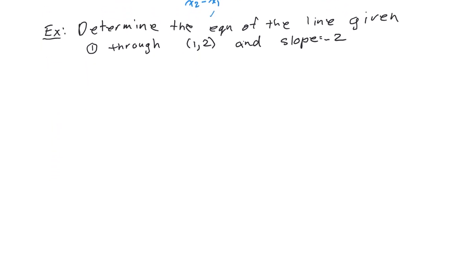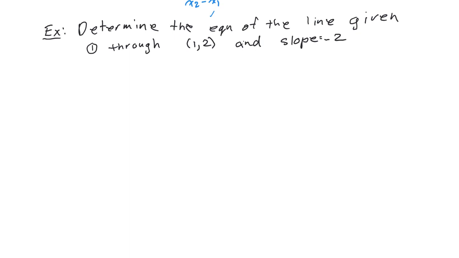And I am going to show you a cool way of doing this so that you don't have to solve for b and then do your work again, i.e. restate the equation. We'll use an equation that by the time we solve for y, we've got our equation.